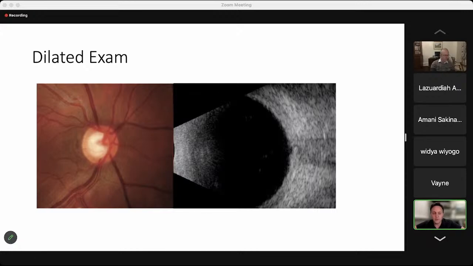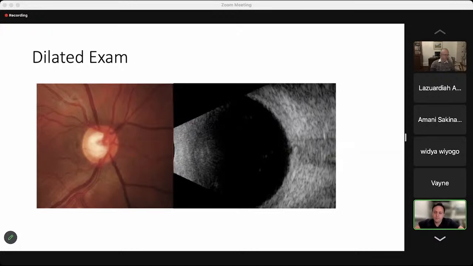You may not get a good view of the optic nerve, but you can sometimes get a suggestion of cupping on B-scan ultrasound, and that's where you look for this sort of bean pot sign on the optic nerve. You can see it in the posterior aspect of the globe there on this B-scan. So B-scan ultrasound is a useful modality in those kids with cloudy corneas.